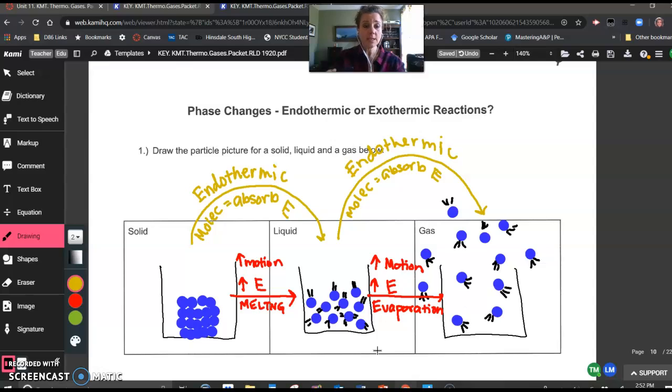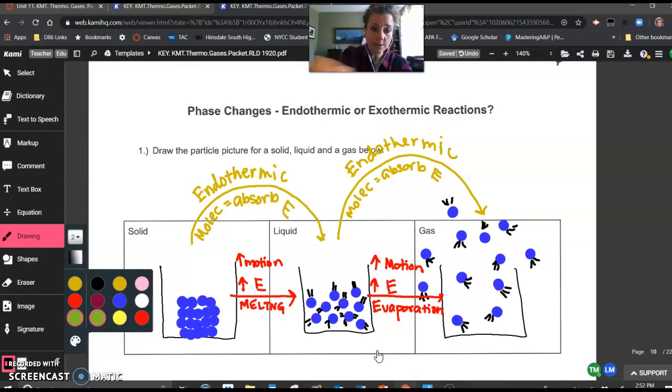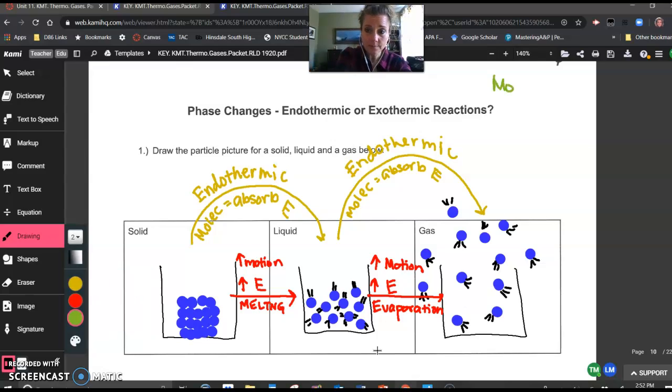Now, at this time, I just wanted to make a little note. When you're looking at chemical reactions, the molecules, the reactants themselves, they are called the system. So I'm going to write that up here in the corner. So my molecules are the system, while the environment around the molecules is called the surroundings.